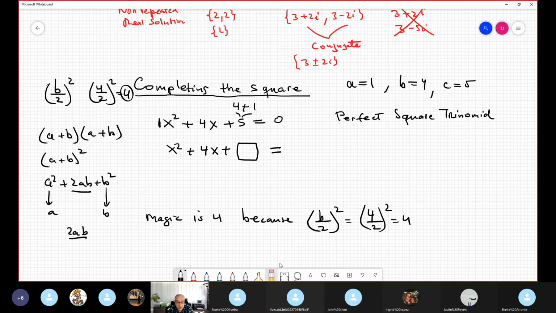Then I move 5 to the other side, like minus 5 plus the box, because I introduce artificially this number on both sides. That completes the square, it gets 4.